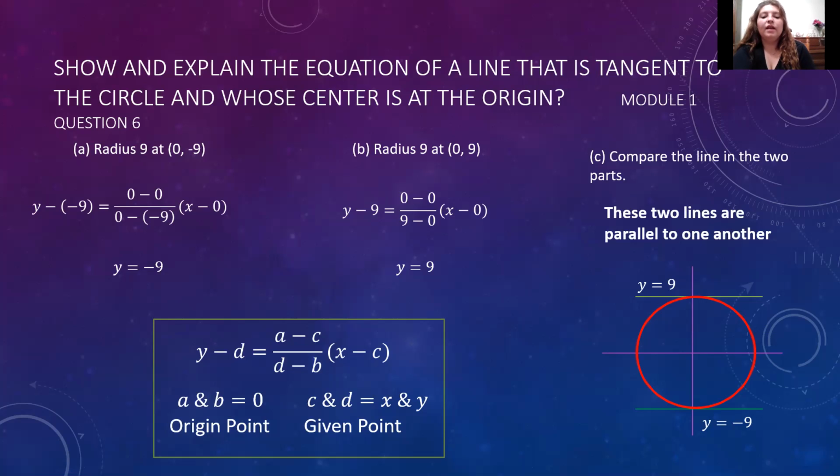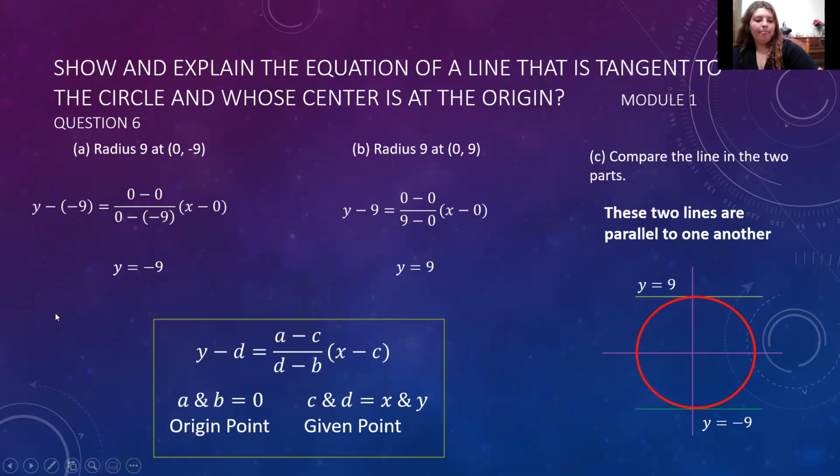And then for C and D, we're using the x and y of the point that we are given for each of these. So for this first one here, we're going to do y minus d, which is our y value, -9, is equal to a minus c, which would be 0 minus our x, which is also 0, over d minus b, which is our y again, -9, minus 0.